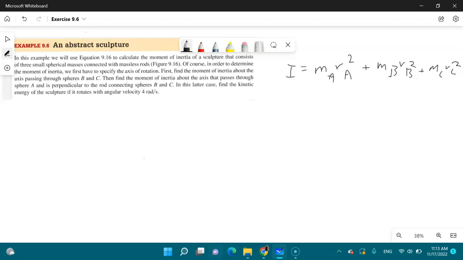So this would be the total inertia for these spheres. And so the first part that we're being asked is to find the inertia for axis BC.